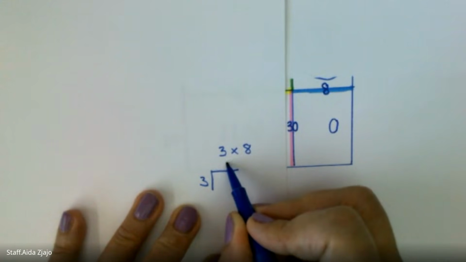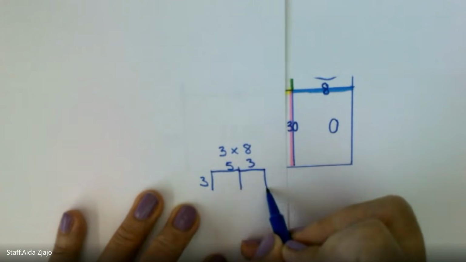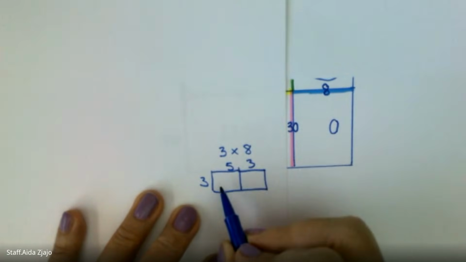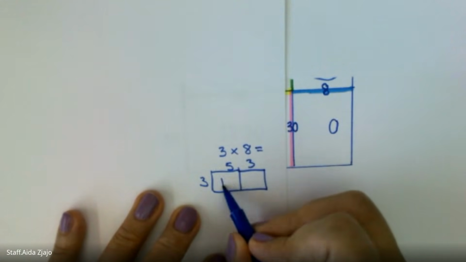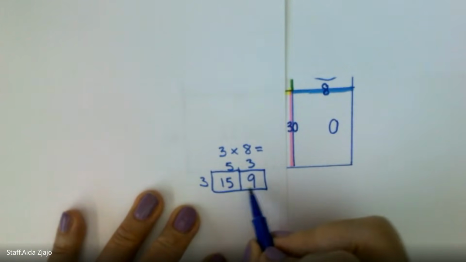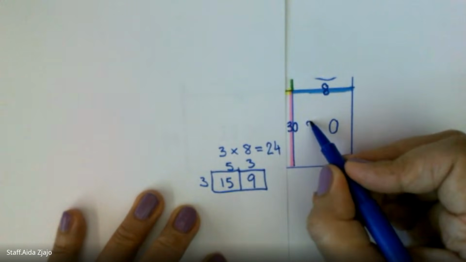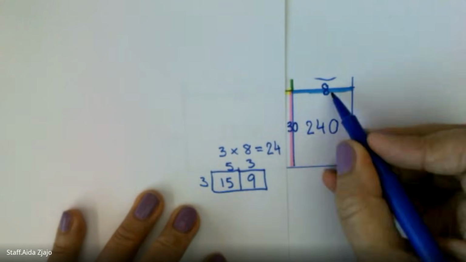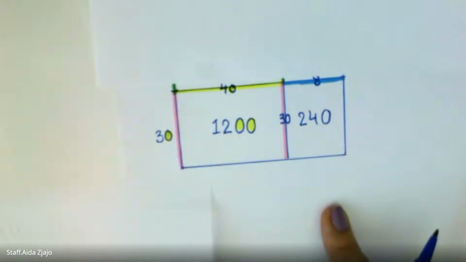I'll break 8 into 5 plus 3. That helps me skip count by 5. 3 fives is 15, and 3 threes is 9. Together, 15 and 9 makes 24. So I can use that 3 times 8 is 24. This is a side thinking.